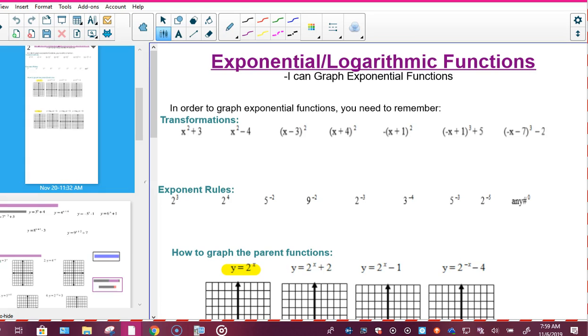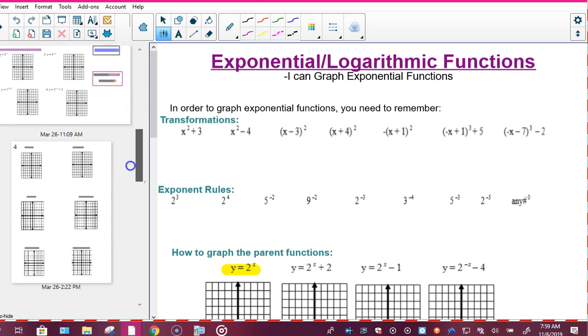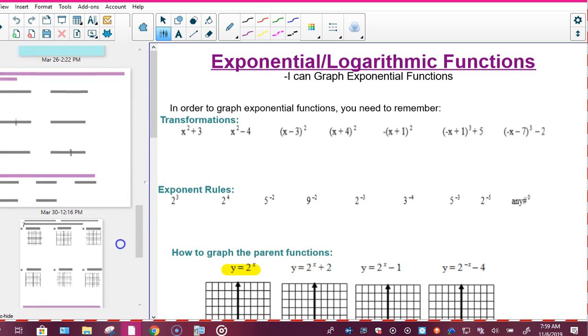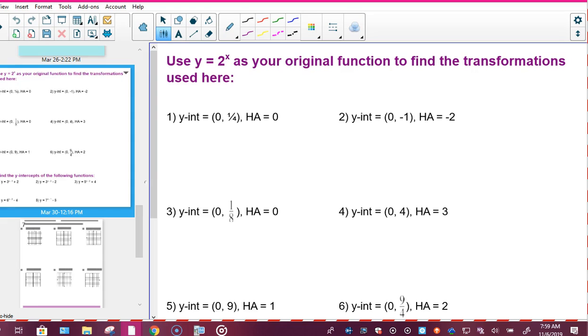And remember exponent rules. I need you to find this page. I think it's the 5th page, maybe? I don't know if they have numbers on them or not.